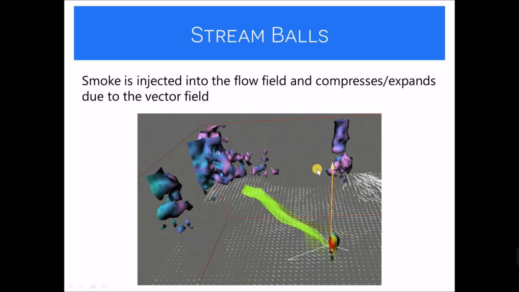Here's another one called stream ball. It's kind of like you have this tube, and then you insert air into the scene, or fluid, or whatever you want to call it. It's like when you're in a river and you pour paint into it and you see some fluid. You put some food coloring in the water, in a basin or something like this, and you can turn the water faucet on. You can see how the food coloring disperses, right?